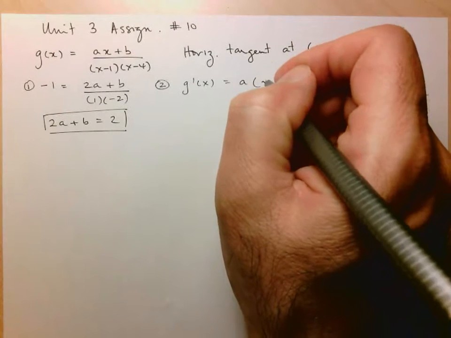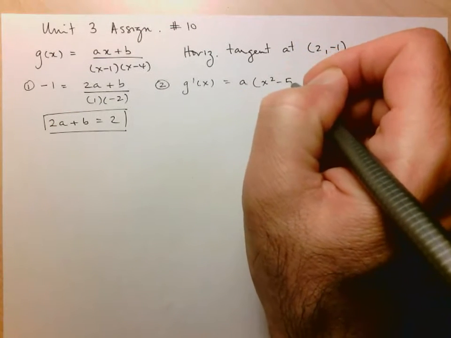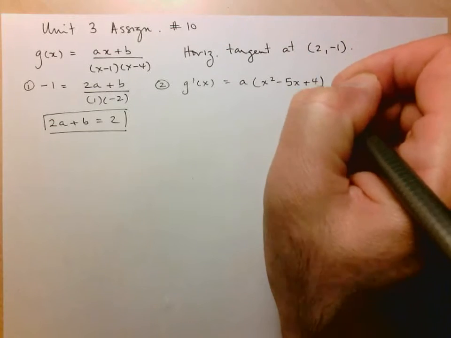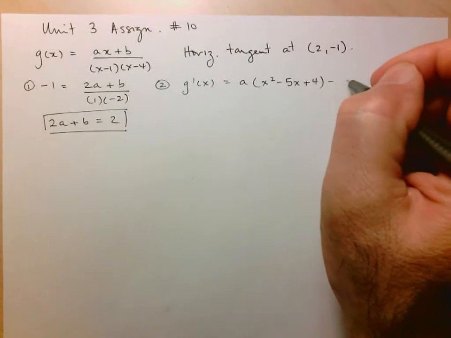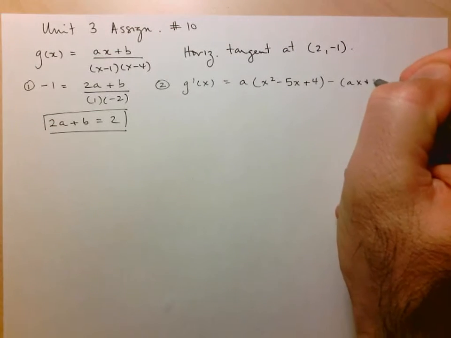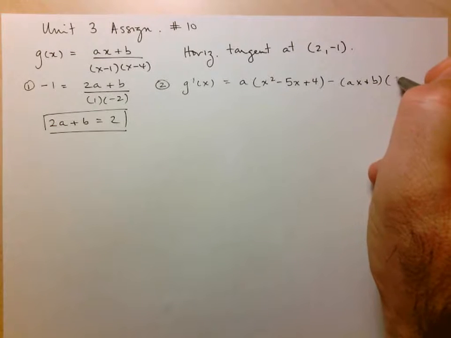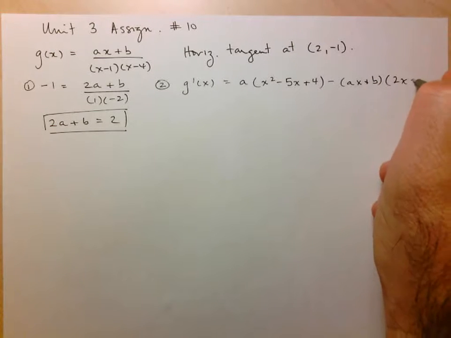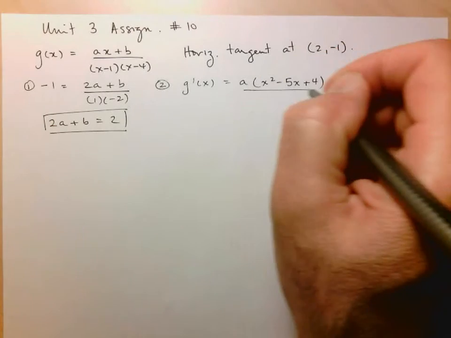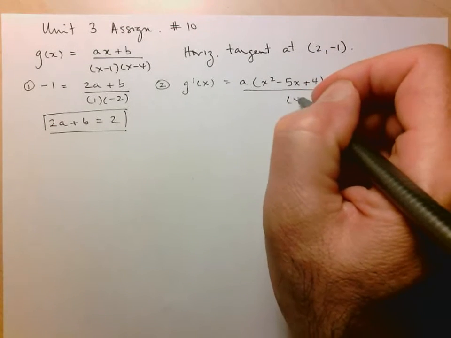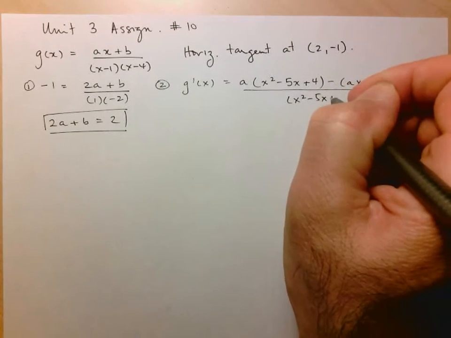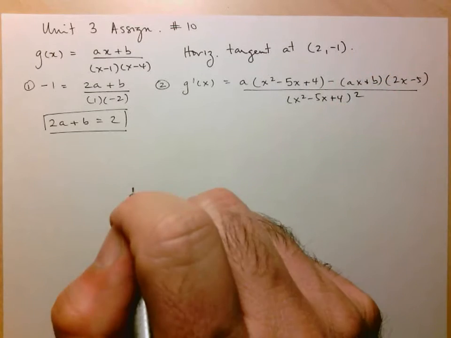So that gives us x squared minus 5x plus 4. Okay, so then minus ax plus b times the derivative of the denominator, which now would just be 2x minus 5, all over x squared minus 5x plus 4 squared.